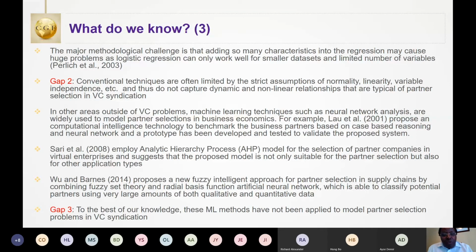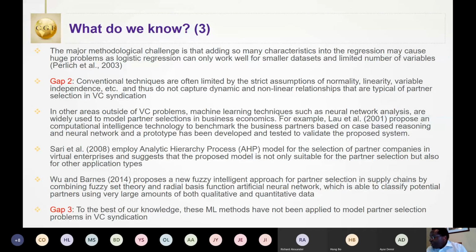We could see others who have worked within the domain of machine learning techniques as a family of techniques, especially the paper by Wu and Barnes, who propose a new fuzzy intelligent approach for partner selection in supply chains. They combine fuzzy set theory and radial basis function artificial neural networks, and are able to classify potential partners using very large amounts of mixed data, that is, a mix of qualitative and quantitative data.